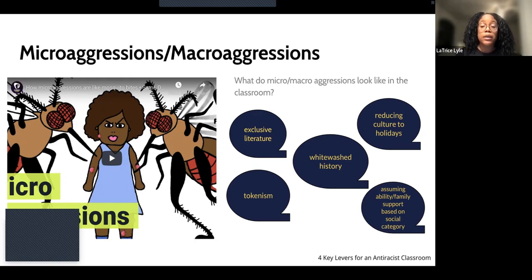And also, another way that this can look in your classroom is assuming ability or family support based on social category.